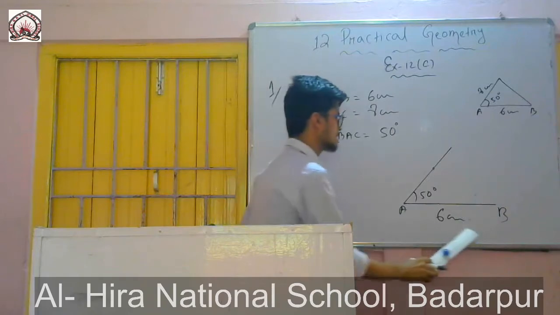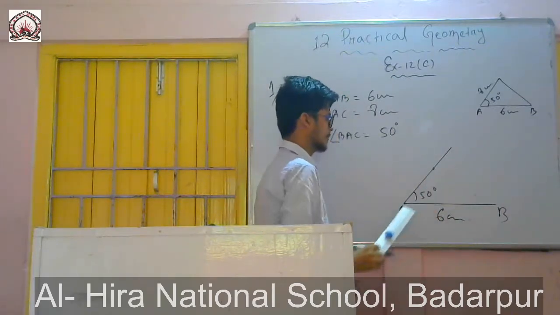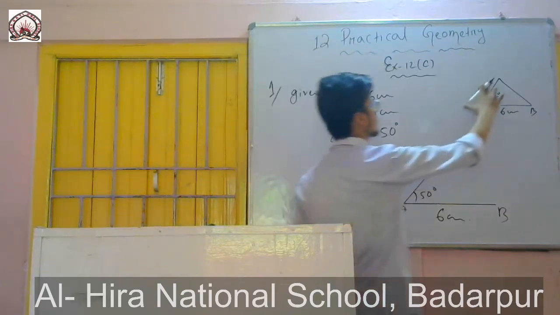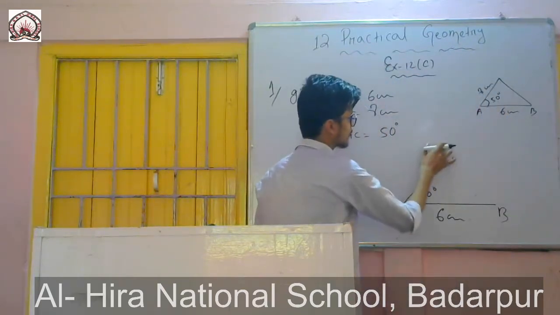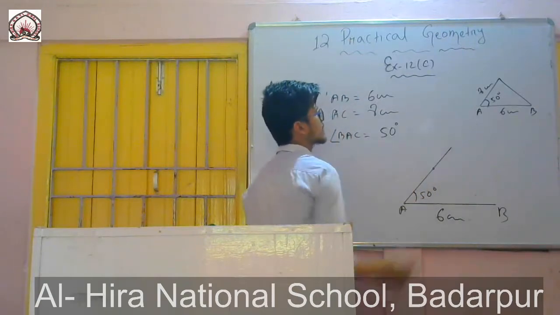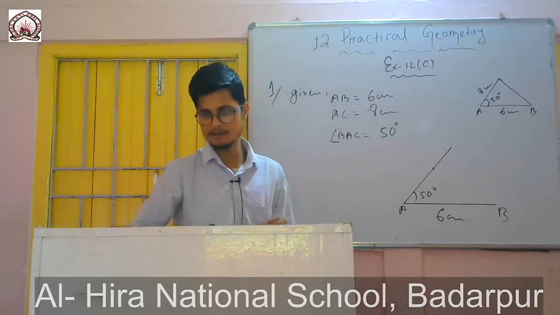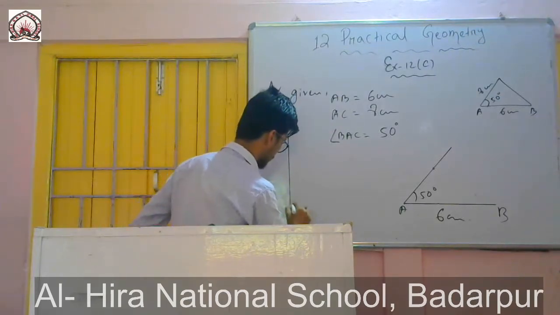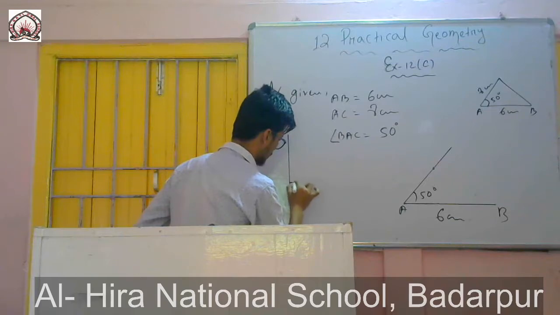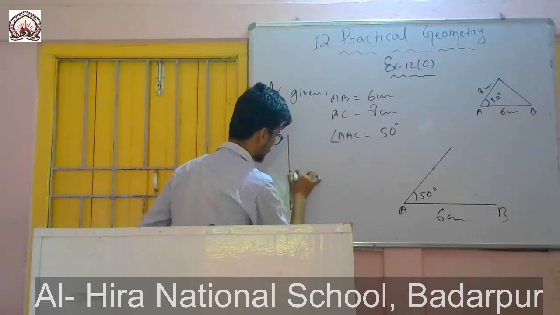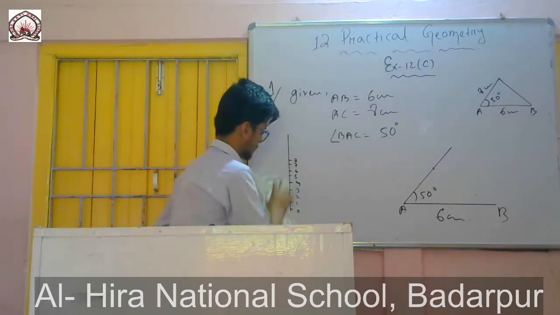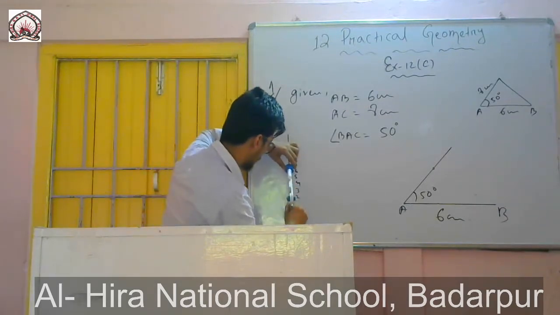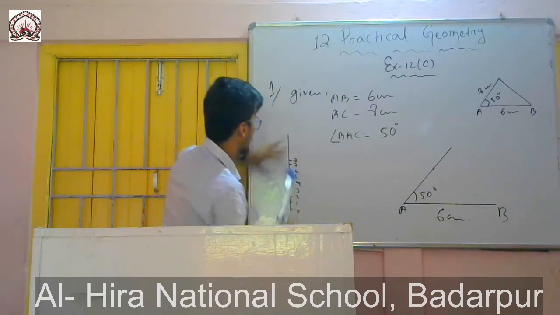First of all I have drawn this line, then I have drawn this angle by using the protractor. So now I can easily cut this measurement. I can measure 8 centimeter on this line. So just take your scale: 0, 1, 2, 3, 4, 5, 6, 7, 8. From point O I will measure up to 8 centimeter.